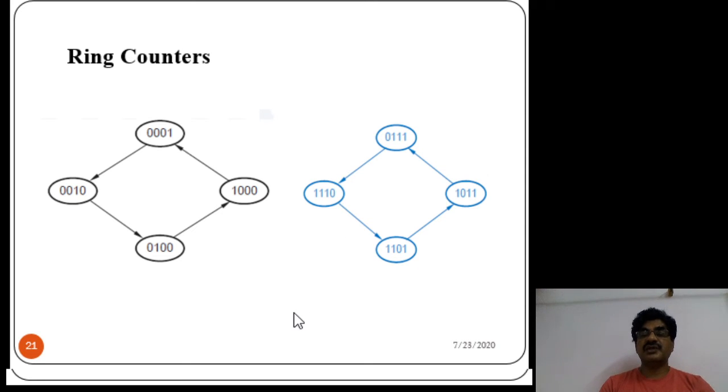In order to design a ring counter, the ring counters are also known as shift register counters. To design this ring counter, I am going to take a shift register IC, a universal shift register.